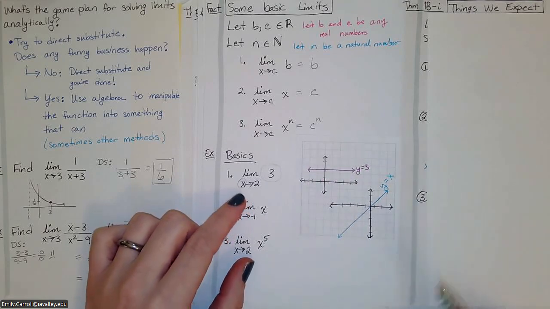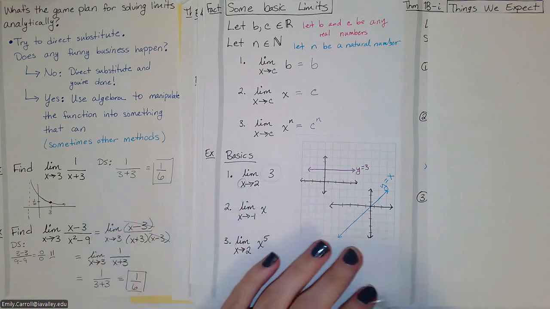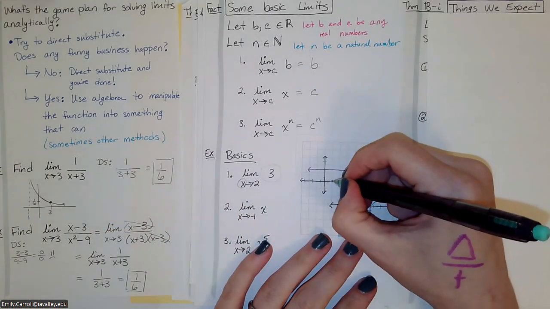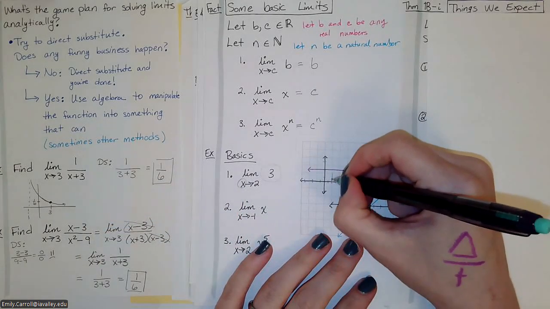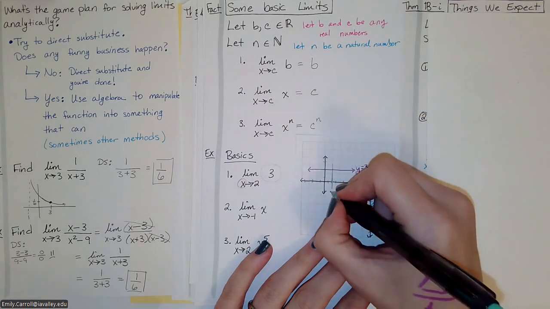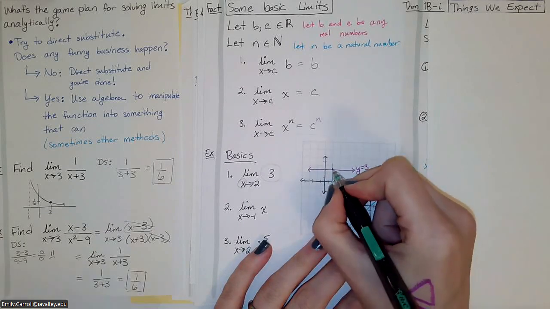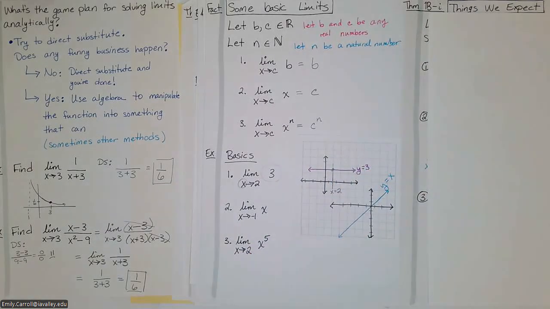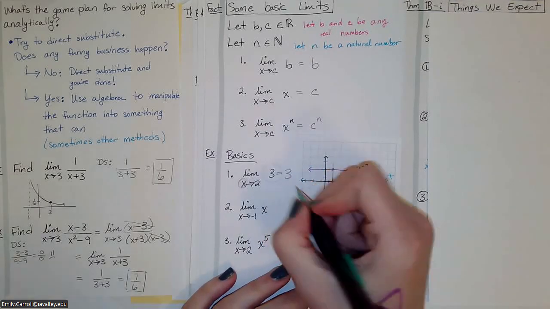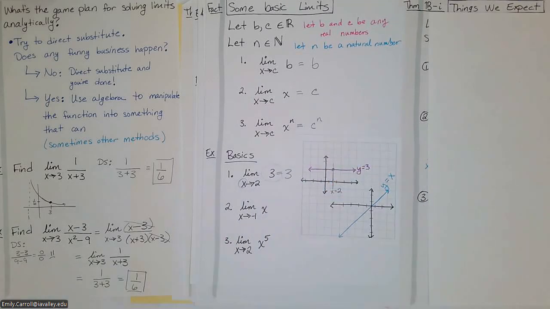Now when x approaches 2, there's x equals 2. Well, the y value is still 3, right? As far as this function is concerned, no matter what x is doing, the y is always 3. It doesn't care. So this is just 3.